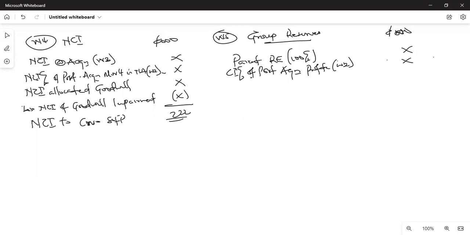Then you have to add any gain. You remember the gain I talked about, negative goodwill. If your goodwill is negative, this one is coming from workings 3. You add it. Then you now list those things such as the controlling interest share of goodwill impairment.